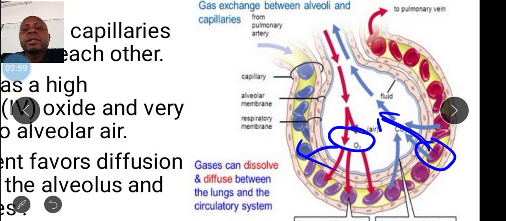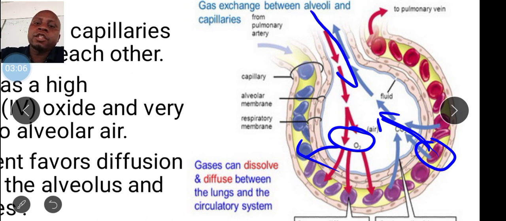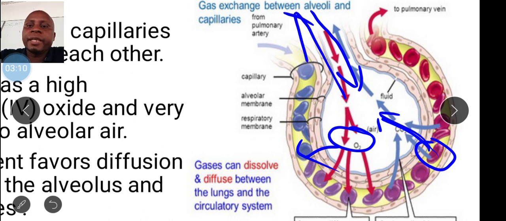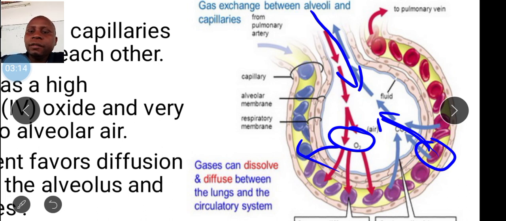This is what we refer to as gaseous exchange. While the movement of air rich in oxygen into the lungs and out of the lungs is what we said is called ventilation. Okay?